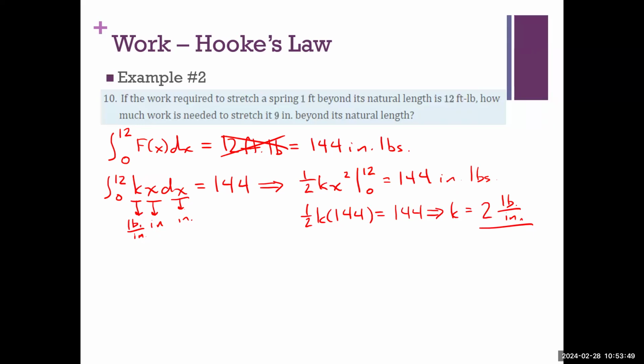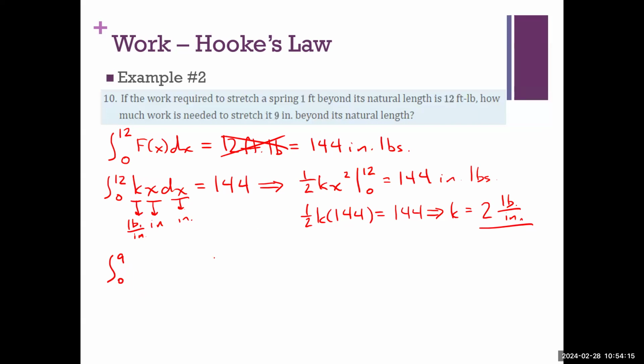What do we actually want to do here? What are we trying to find out? How much work is needed to stretch it? Basically exactly 3/4 as much as I already know about, right?